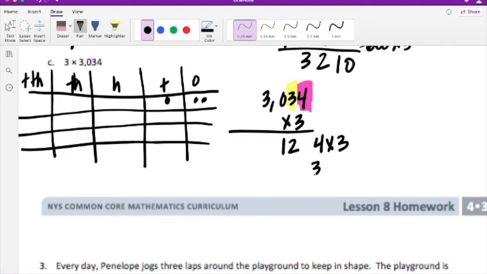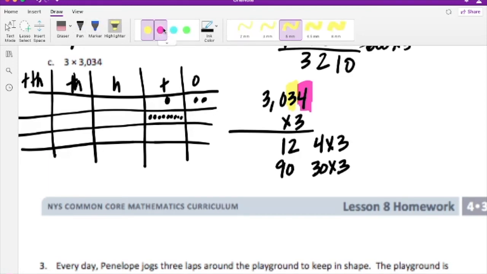Next up, I'm going to multiply 3 tens times 3. That's 30 times 3. That equals 90, right? 9 tens. 1, 2, 3, 4, 5, 6, 7, 8, 9. Okay, then I'm going to multiply 0 hundreds times 3.